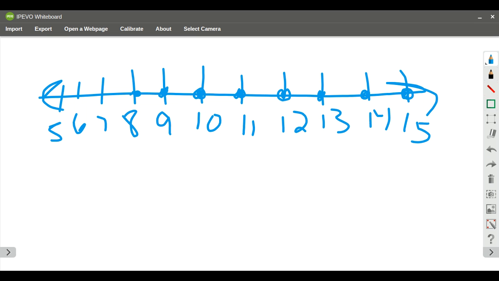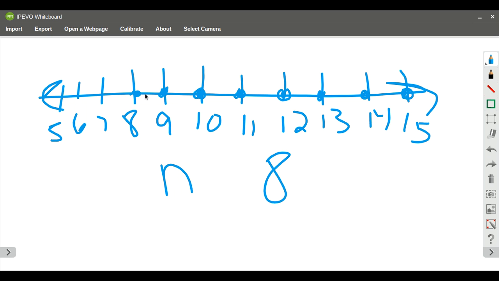So what I'm going to write is, I'm going to take my variable, and when I write an inequality, I always want the variable on the left side. It'll make it easier when we start to graph inequalities if that variable is on the left side. So n is going to be what in relation to 8?